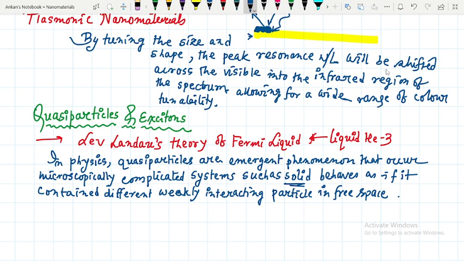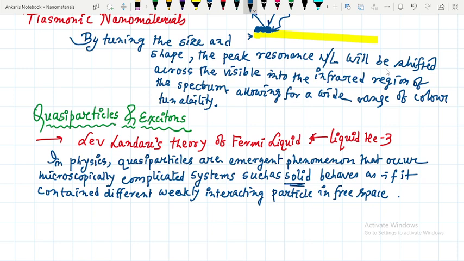So this is the definition. In physics, quasi-particles are the emergent phenomena that occur in microscopically complicated systems such as solids, which behave as if they contain weakly interacting particles in free space. Now, in a single word, you can say that quasi-particles are the dressed particles that originate from the real particle by some amplification of the weak interactions.